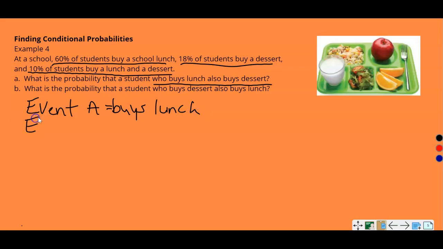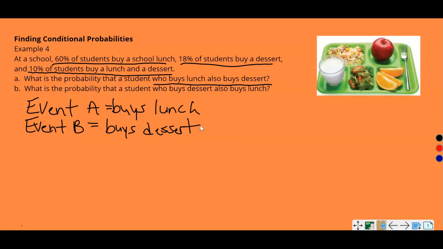And event B is going to be buys dessert. This might help keep the formula a little bit straight.